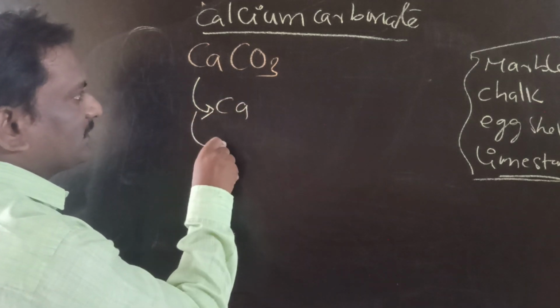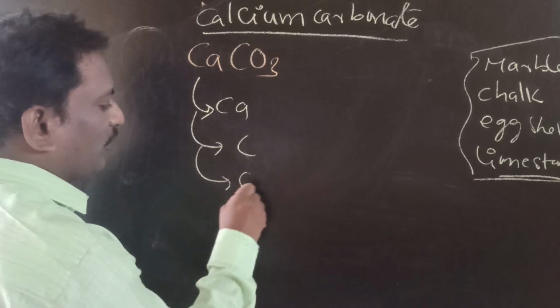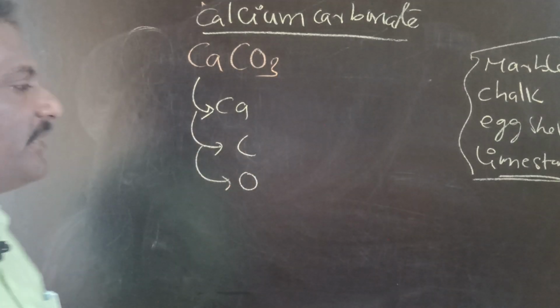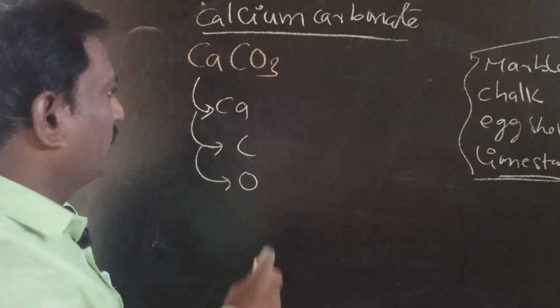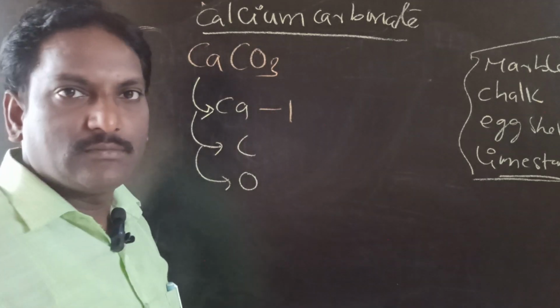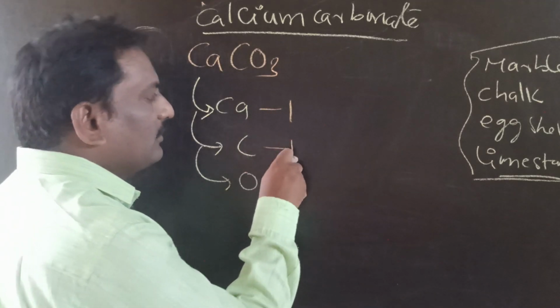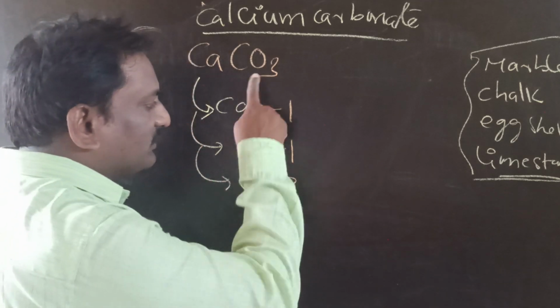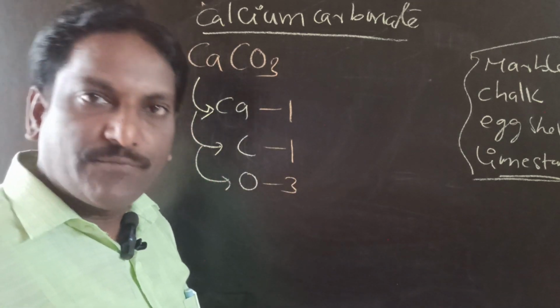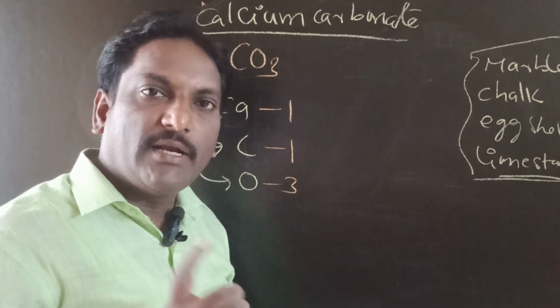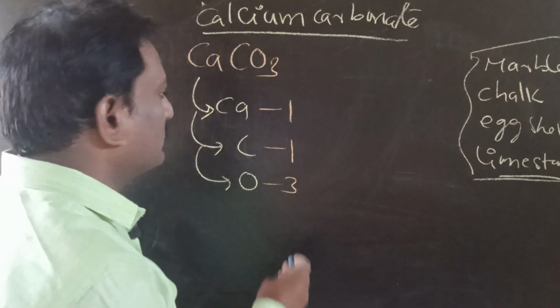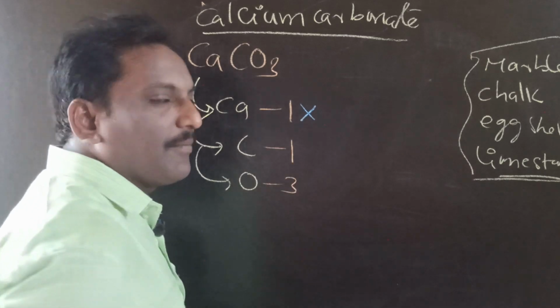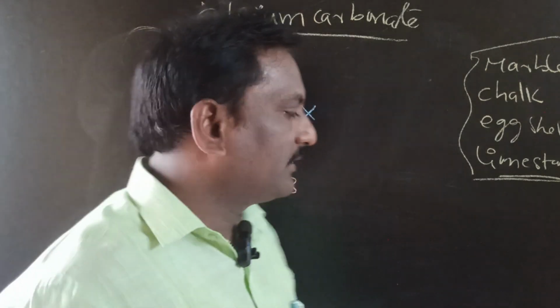Ca, calcium, carbon and oxygen. How many calcium atoms? 1, very good. 1 carbon. How many oxygen atoms are here? 3. So these numbers of atoms of different elements must be multiplied by their atomic masses. Calcium atomic number 20, mass 40, right?